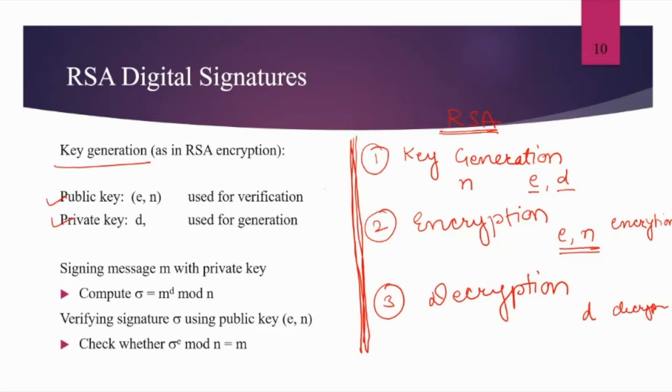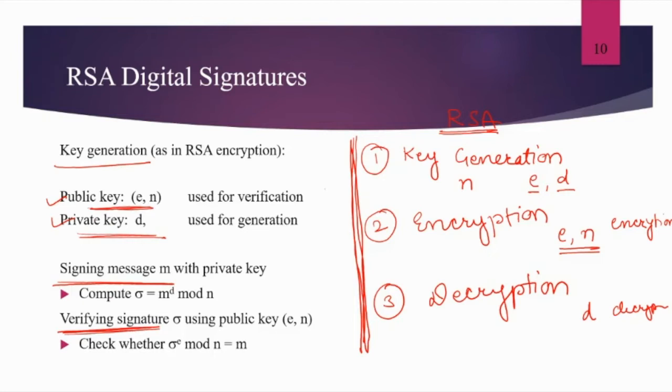At the time of signature generation, we will use the private key, and at the time of verification, we will use the public key. Encryption is called the signing step in digital signature, and decryption is known as the verifying signature step. So when we are encrypting, we are actually creating the signature, and when we are decrypting, we are actually verifying the signature.